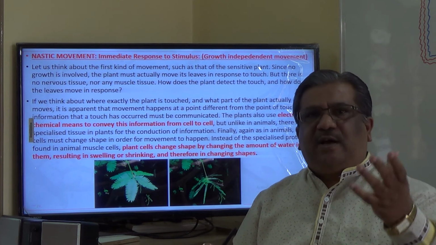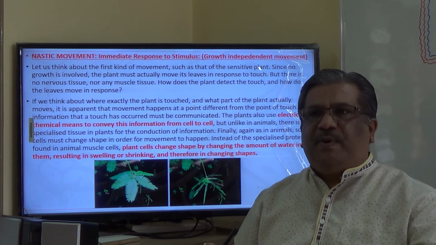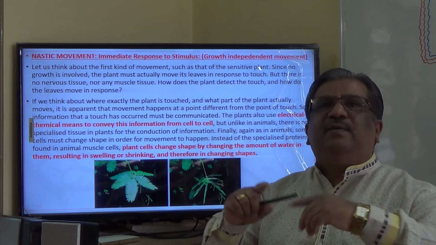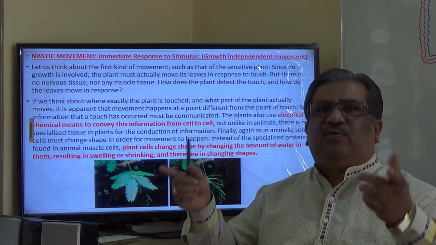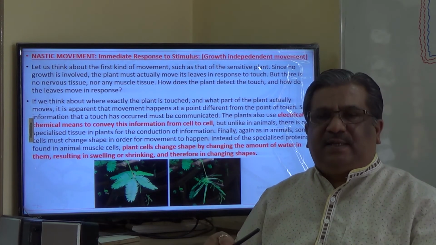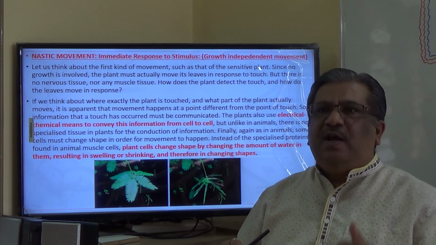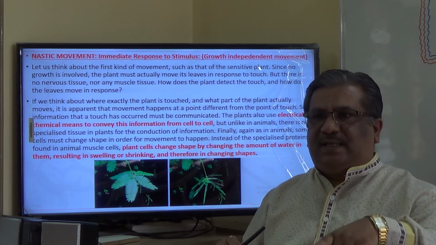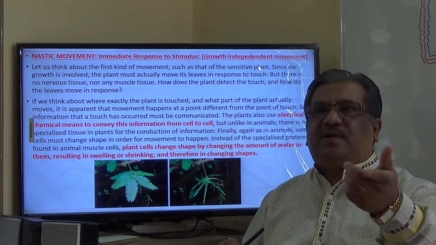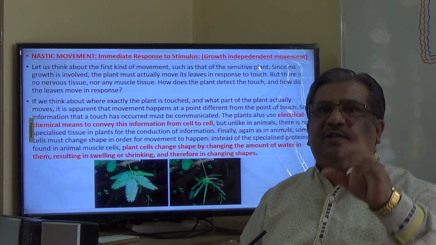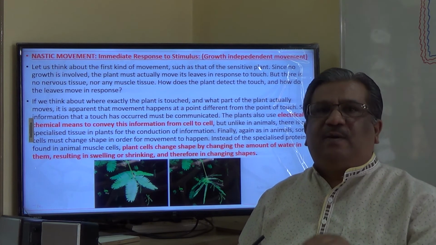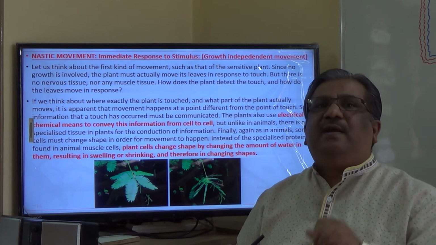That means cells also will change the shape and cause the muscle movement, and the muscles, as those are attached to the skeleton, the movements of the hands and legs will take place. So change of shape of the cells due to presence of specialized proteins in them is responsible that causes the motion of the muscles in animals.